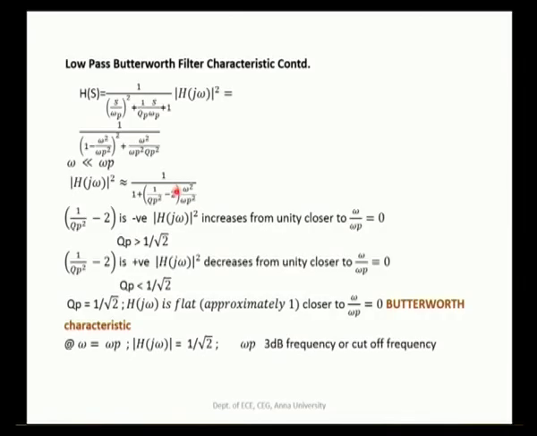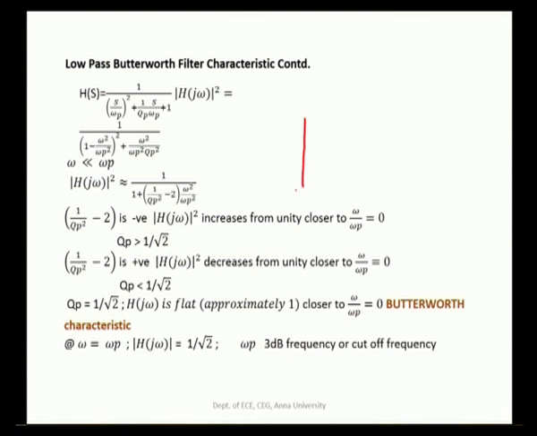Therefore, this denominator value will reduce, and so |H(jω)| squared will increase from unity. This is what we have slightly away from ω being 0 within the pass band. So, in this case |H(jω)| increases from unity, and the characteristic becomes like this.